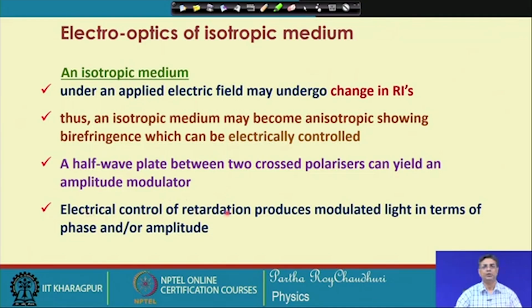So, electrical control of retardation produces modulated light in terms of phase or amplitude, depending on the configuration, the suitable positioning of the optical elements with the electro-optic crystal.